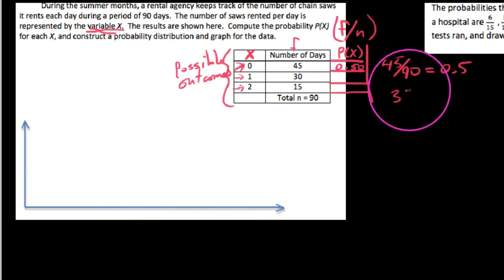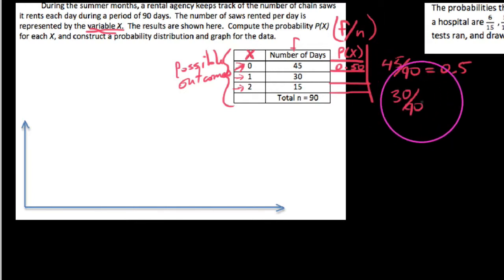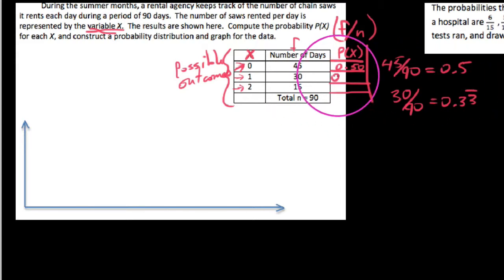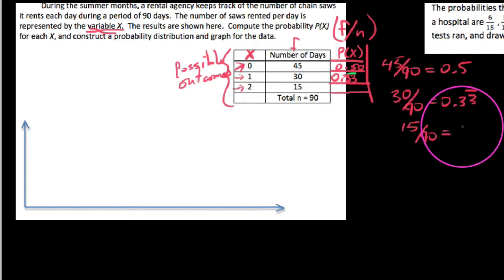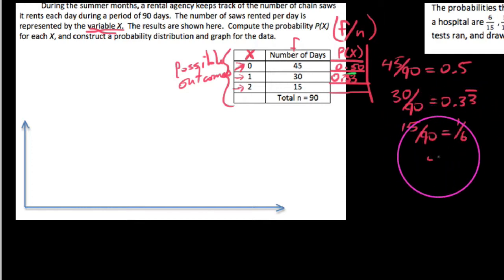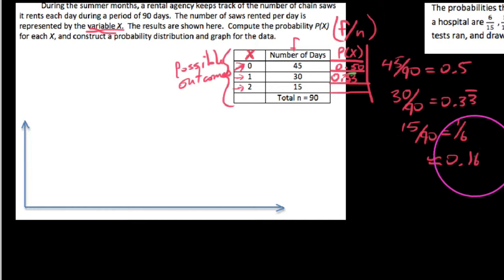We rented one on 30 of the 90 days, which is 0.33 repeating. And the last one is 15 out of 90, which is 1 in 6, approximately 0.167 if we round it.